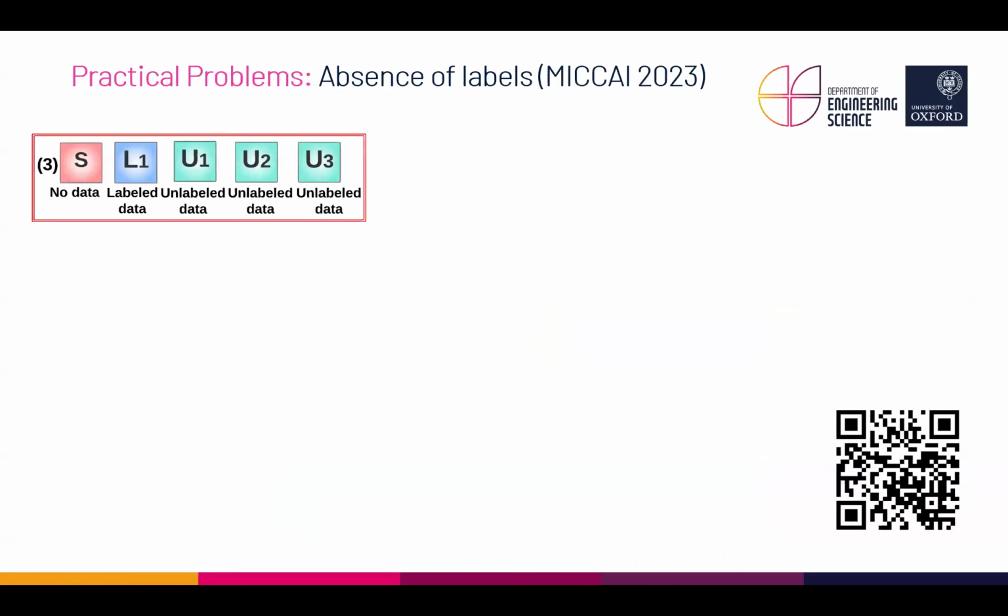Okay, now moving on to a new direction, which is unlabeled or semi-supervised learning. Let's say we have scenarios where we are collaborating with institutions that don't have labeled data. Oftentimes in healthcare, annotations are quite expensive and time-consuming, and many hospitals or institutions do not have their data annotated.